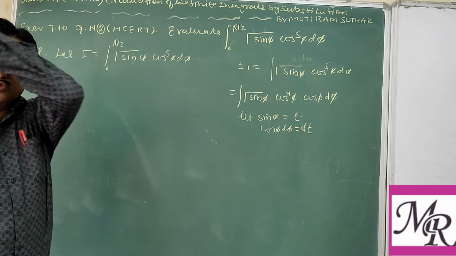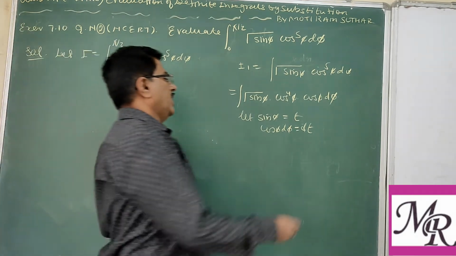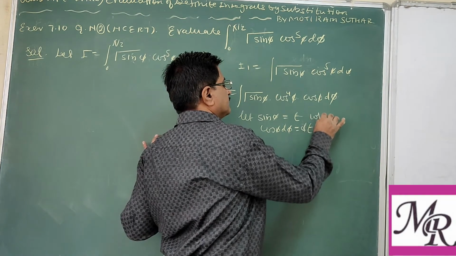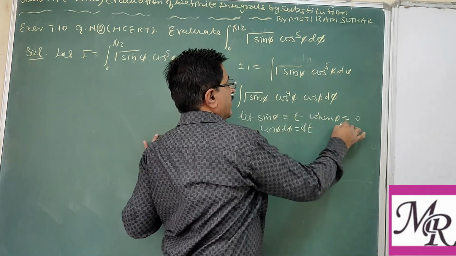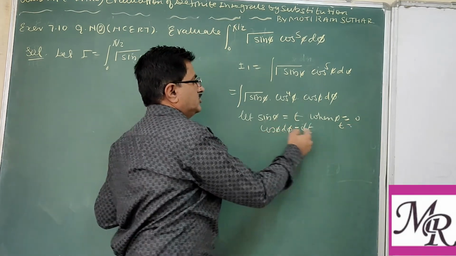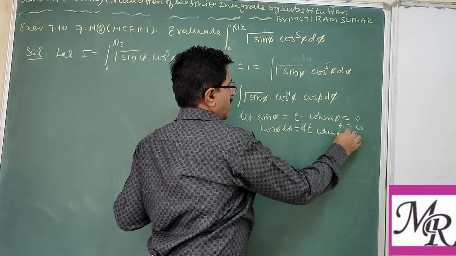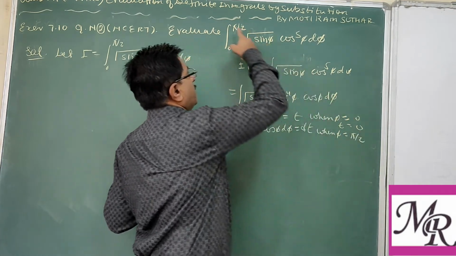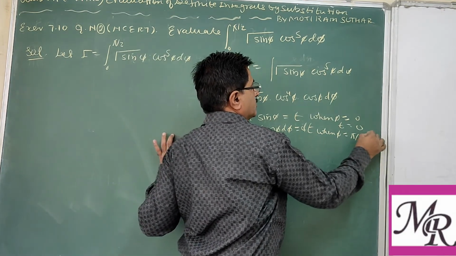Now if you want to change the limits in the definite integral, when phi is the lower limit 0, then t will be sin 0, which is 0, and when phi is the upper limit pi by 2, sin pi by 2 is 1, so t equals 1.